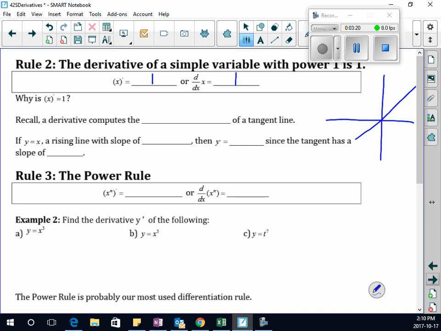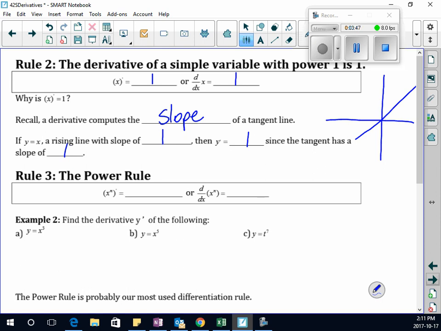Therefore, anytime you have a derivative of one single variable to power 1, it's always 1. Recall the derivative computes the slope of a tangent line. If y equals x, a rising line with a slope of 1, then y prime equals 1 since the tangent line has a slope of 1. Pretty easy, right?